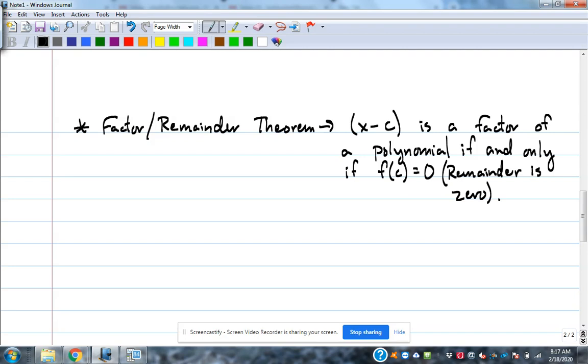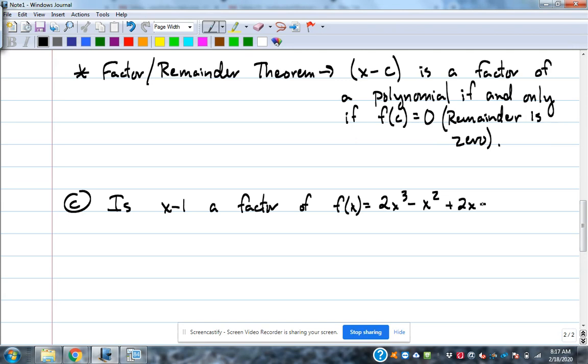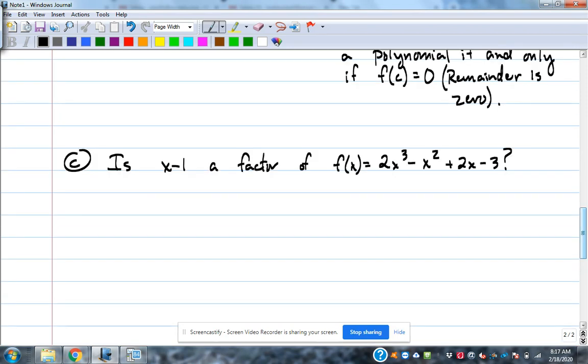So let's take this problem and say, is x minus 1 a factor of f of x equals 2x cubed minus x squared plus 2x minus 3. And we want to show that with our synthetic division.